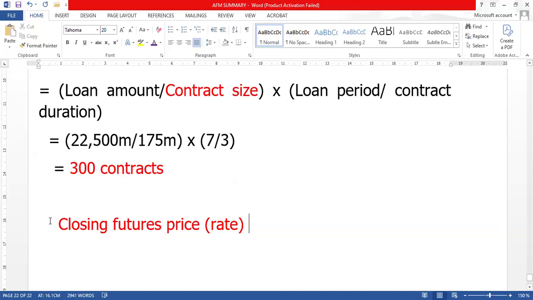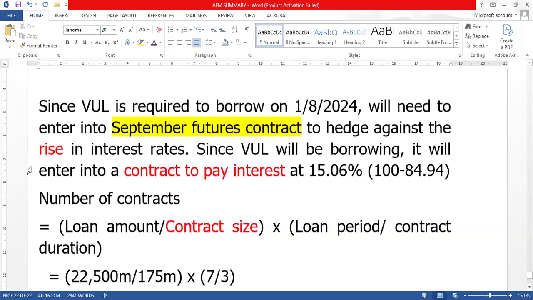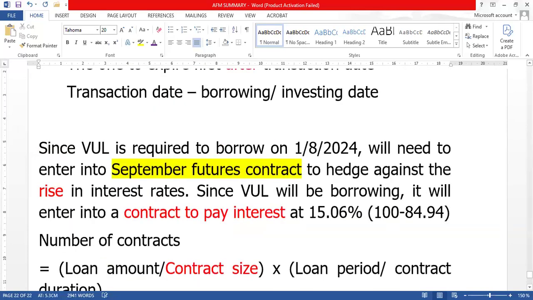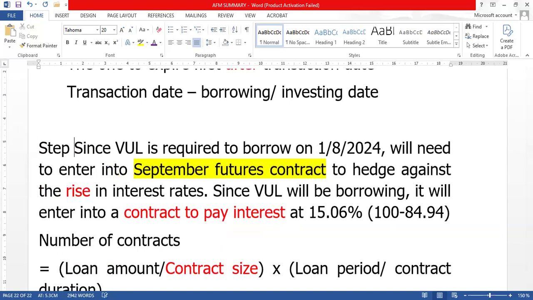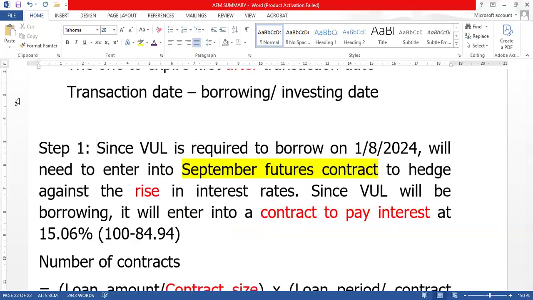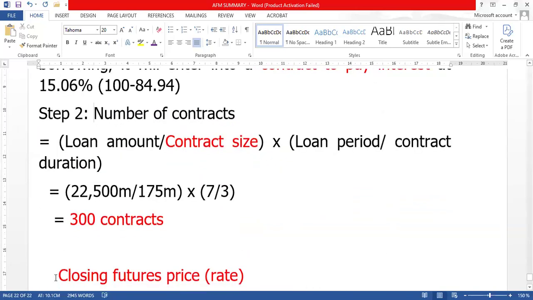Now, how do you get the closing? You follow the steps. This was step 1. This is like step 2. But in an exam, don't put these steps, just answer. Now you are on step 3.